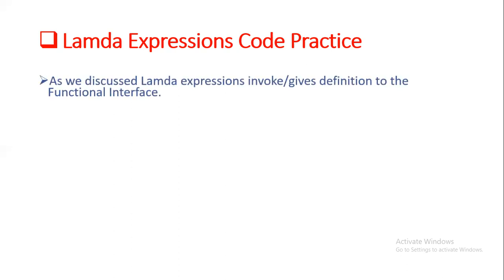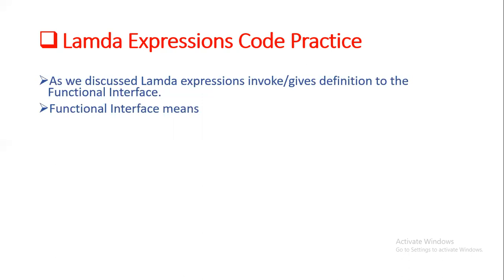So already we know lambda expressions are used to give definitions to the functional interface. To work with lambda expressions, functional interfaces are involved directly or indirectly. If we are working with lambda expressions, there will compulsorily be a functional interface.